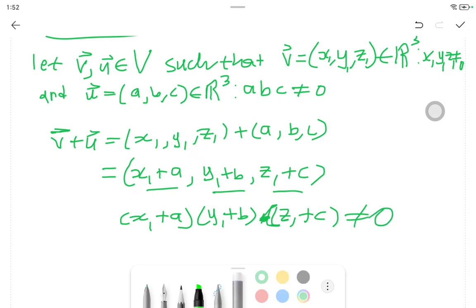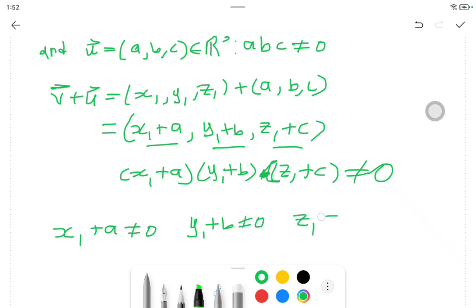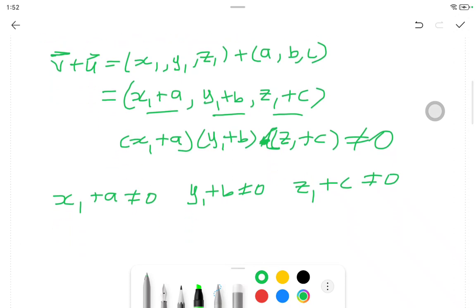Remember, we're not restricted here. We must take these from the elements of R. So if I decide to solve this, I can have x1 plus a not equal to 0, y1 plus b not equal to 0, and so on. Remember, last time I was doing this just to check if I could prove it is true.